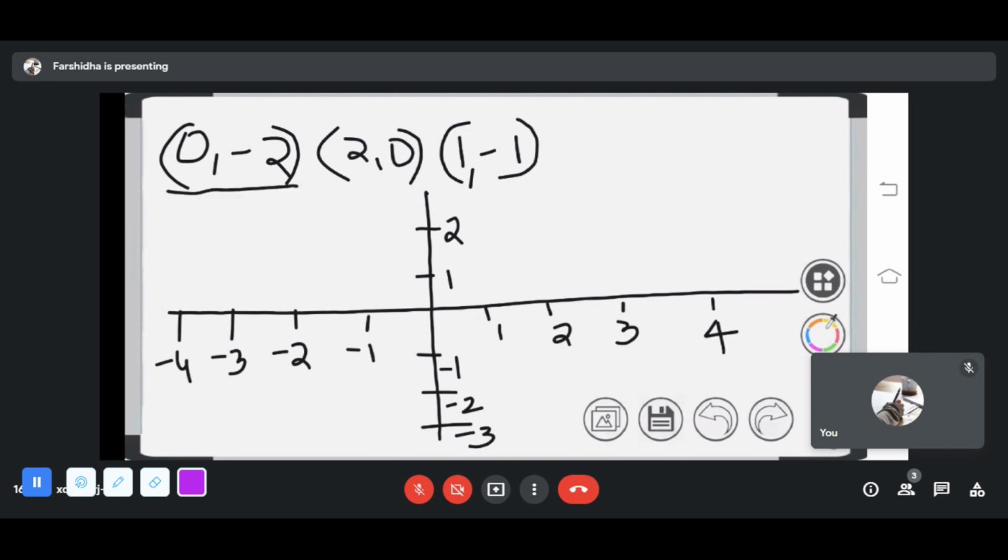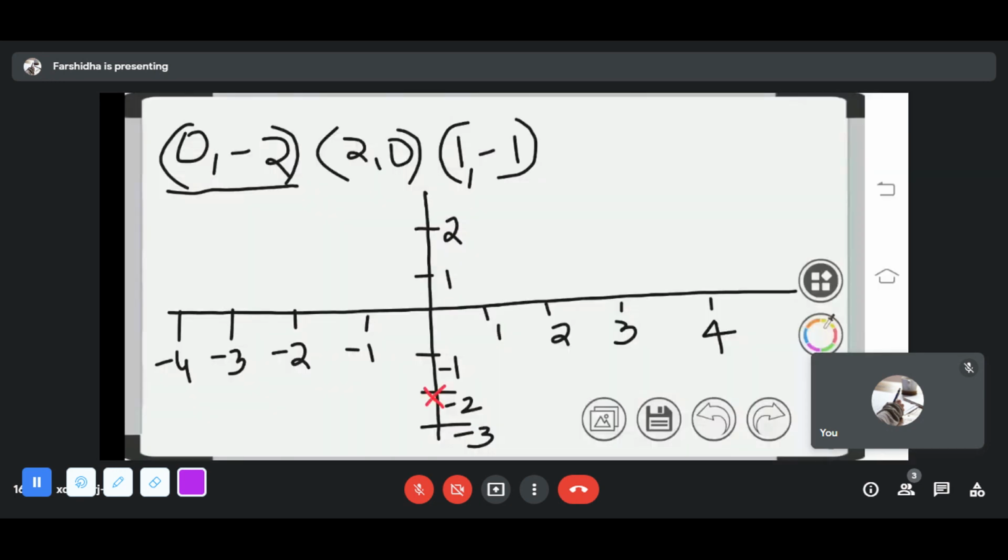So the first point is (0, minus 2). Minus 2 is on the y-axis. So here, this is your first point. The second one is (2, 0). 2 is on the x-axis. The third point is (1, minus 1). 1 is on the x-axis, minus 1 is on the y-axis.